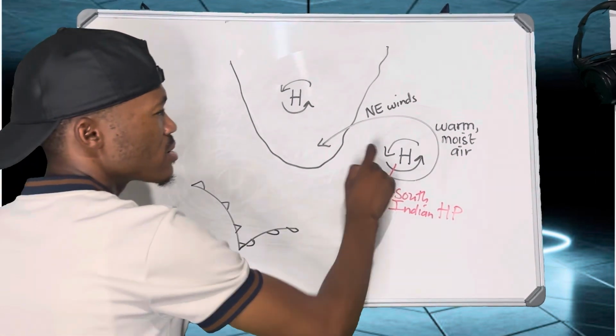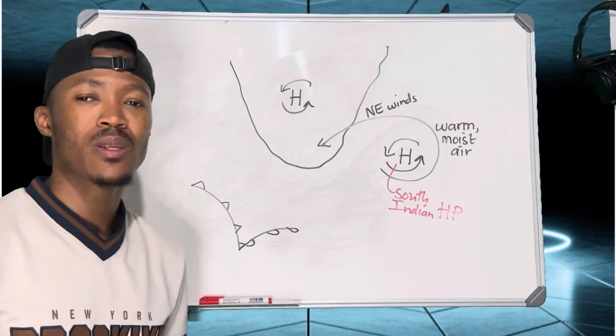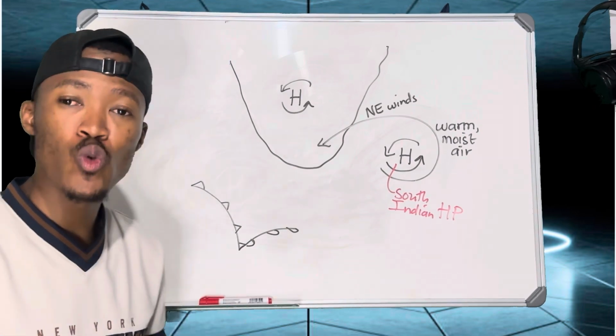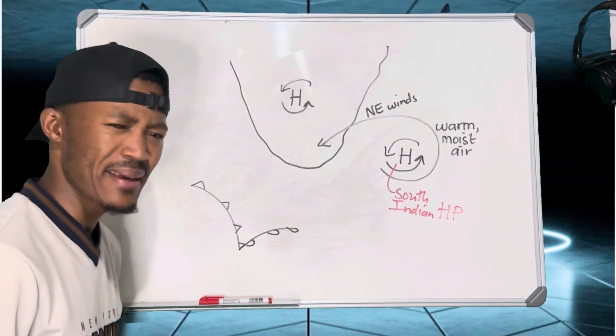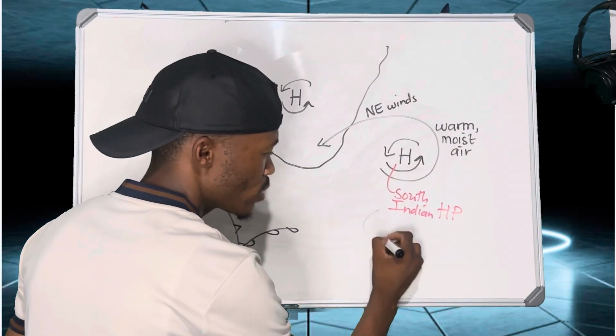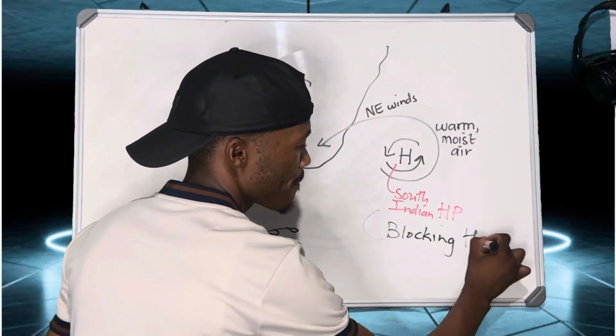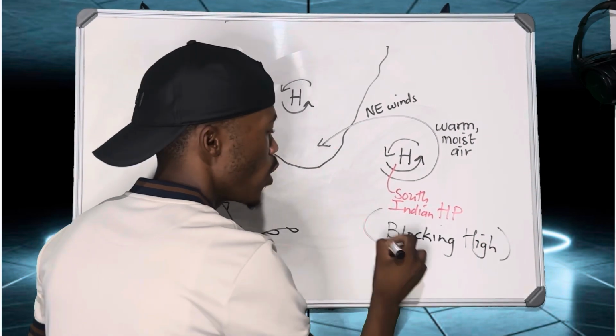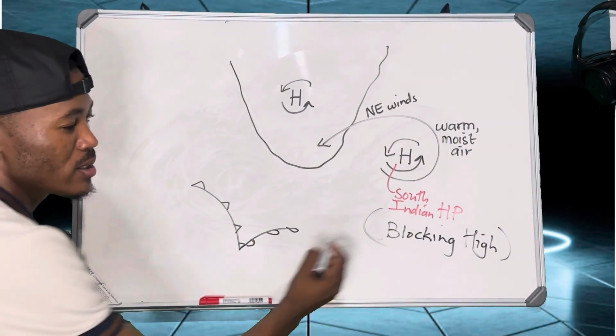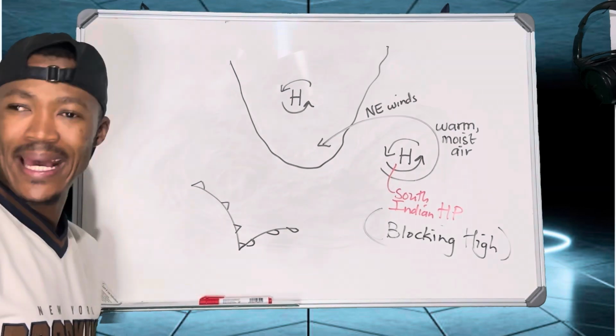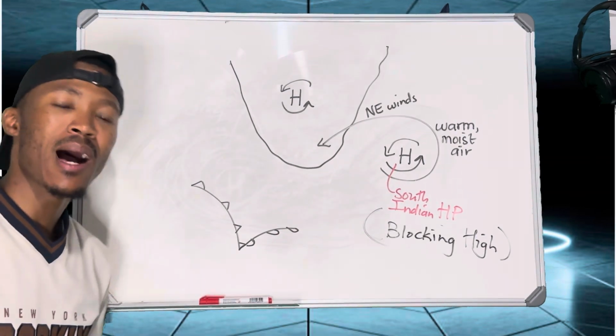Now, our South Indian high pressure. Sometimes it can be referred to as the blocking high. What do we mean when we say that the South Indian high pressure can act as a blocking high?